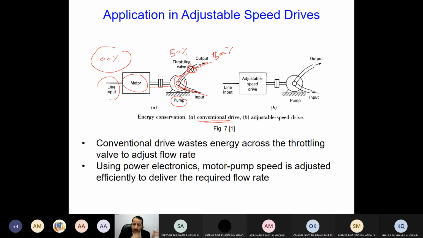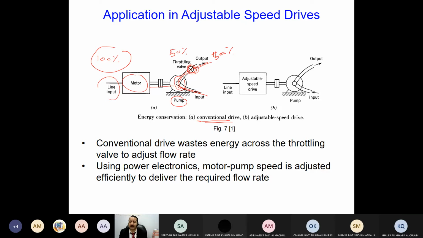So this means we lose 50% of the power used, because we use the valve here. This is not good. Losses are not good. Energy is important. Power is important. We need to save it.